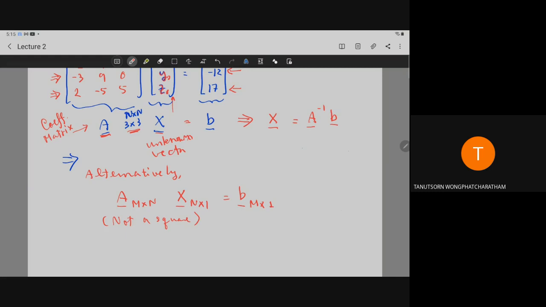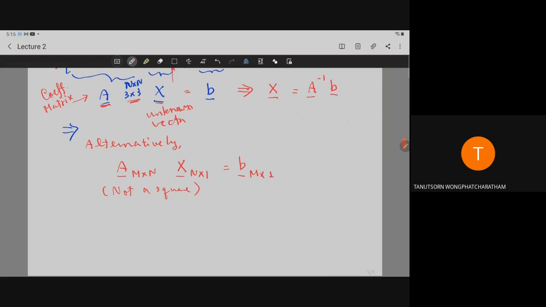In this case, I cannot just do an inverse. I cannot compute X equal to A inverse B, because A is not a square matrix in this case.